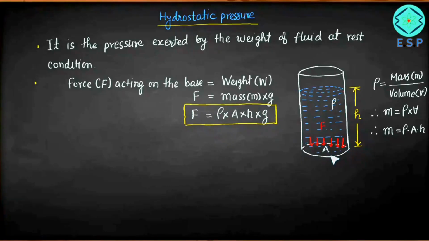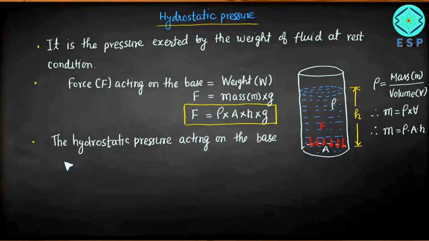Now this force is going to exert a pressure on the surface, so I will write that down here. The pressure, or the hydrostatic pressure, acting on the base of the container is given as small p, which is force divided by area.